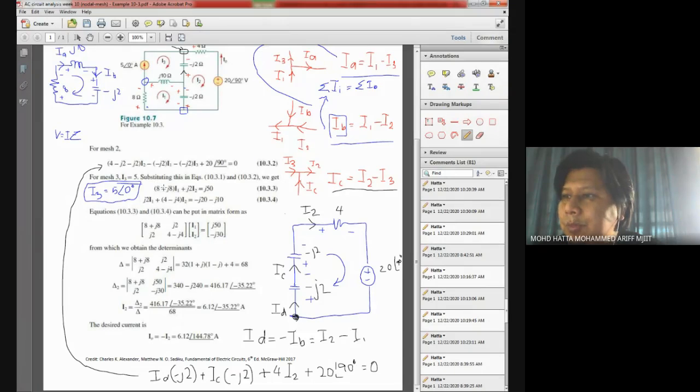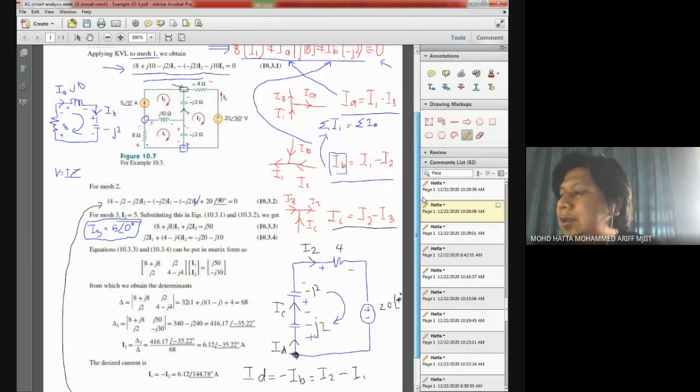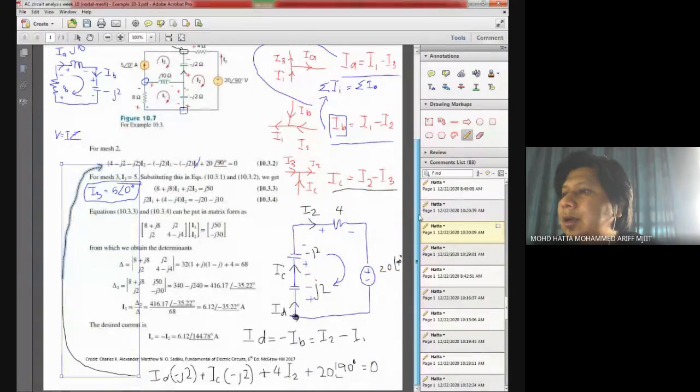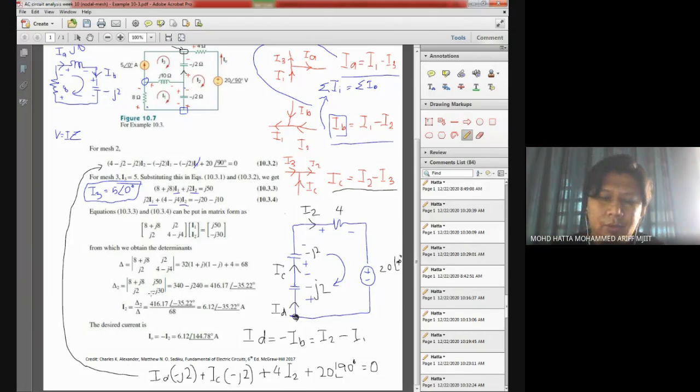If you substitute I3, you will be substituting that element, and also this element, and at the end you will end up with two equations involving only two unknown variables, which are I1 and I2, and the rest is based on your mathematics knowledge to solve two unknown variables.